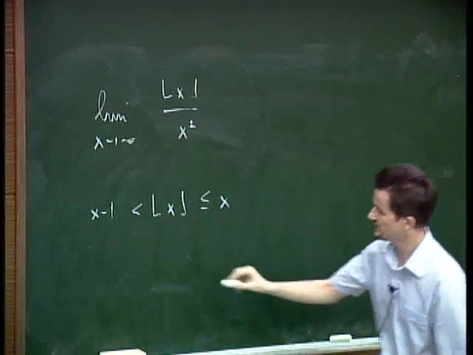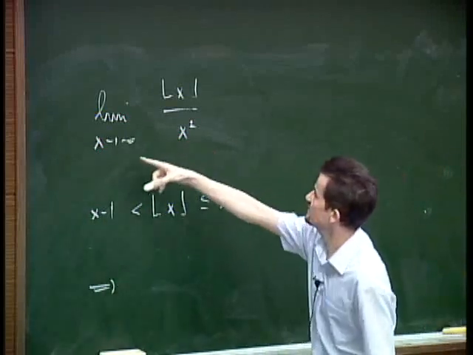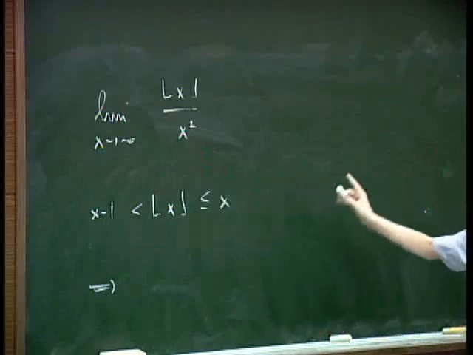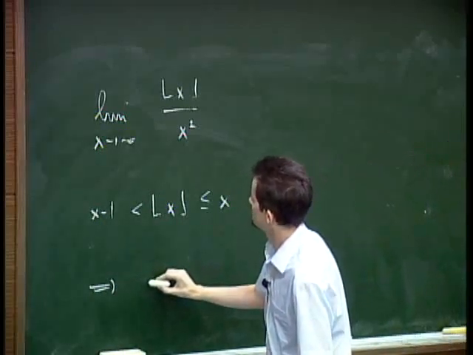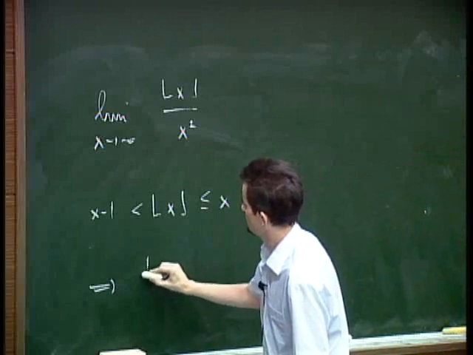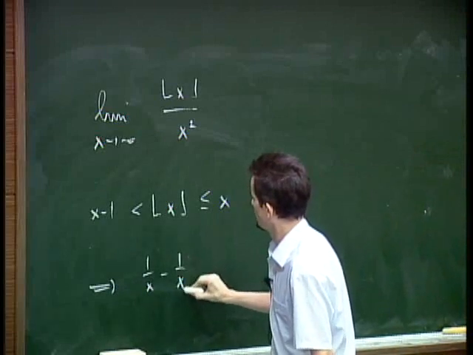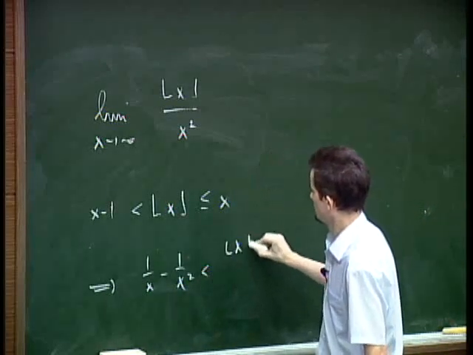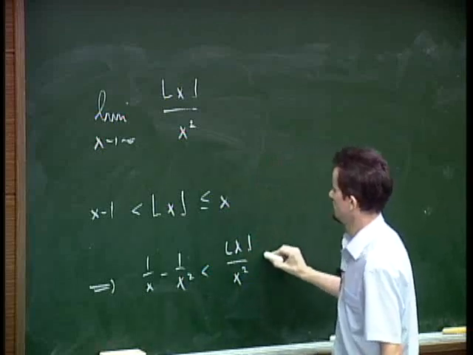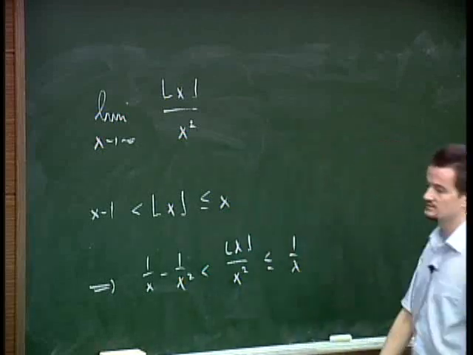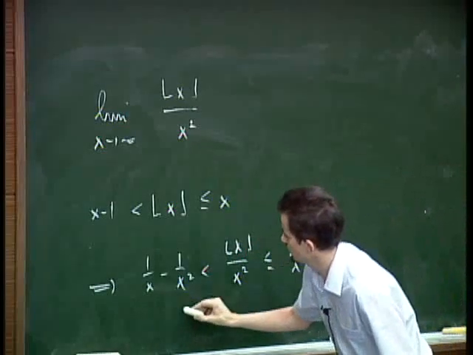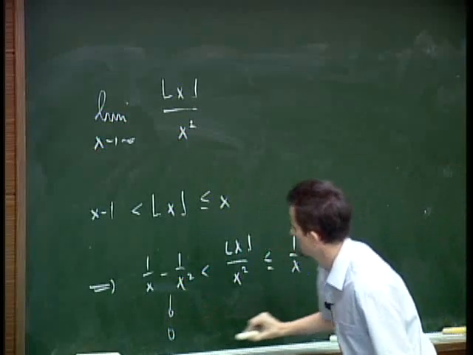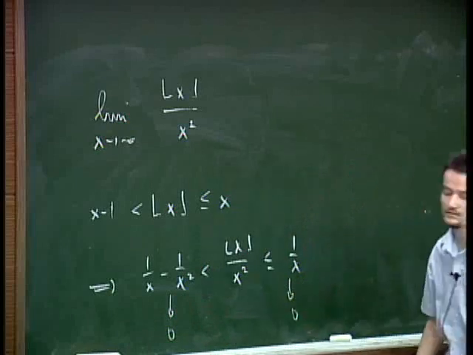So if x is large, it is positive here. If you divide everything by x squared, you get 1 over x minus 1 over x squared is smaller or equal than 1 over x. Now as x tends to infinity, this will tend to 0, and this will tend to 0 as well.